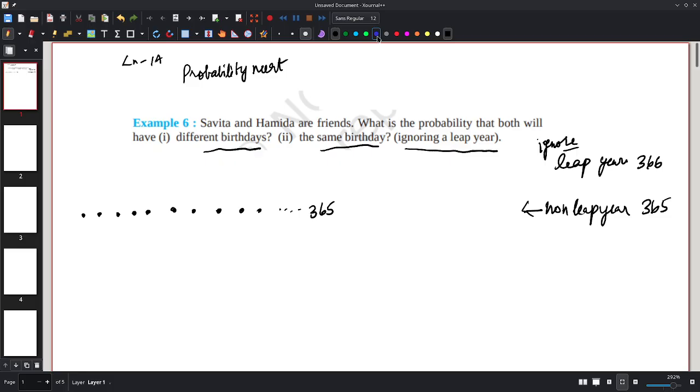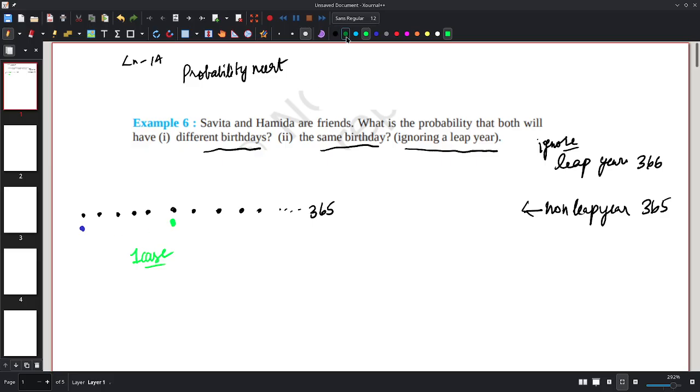So in the first case, what is the probability that they have different birthdays? For example, Savita's birthday is on the first day of the year, and Hamida's birthday can be in the middle. So this is different. This is one of the cases, right? By keeping one person's birthday constant, you can move the other person's birthday through different cases.